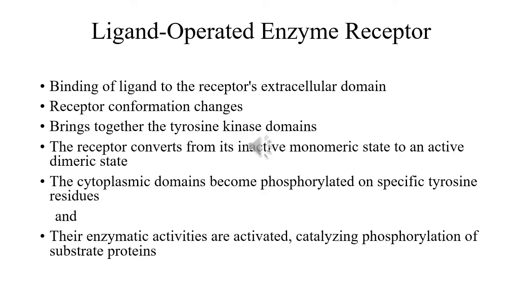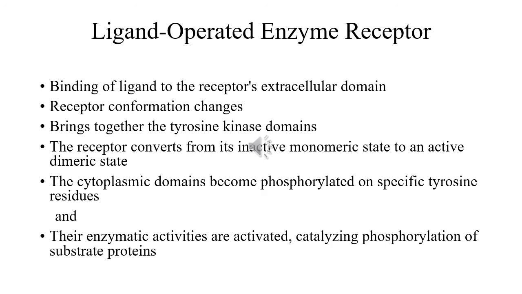The binding of ligand to the receptor extracellular domain is the first step. Then, upon binding, the receptor undergoes conformational changes, and these conformational changes bring together the tyrosine kinase domains inside the cell.